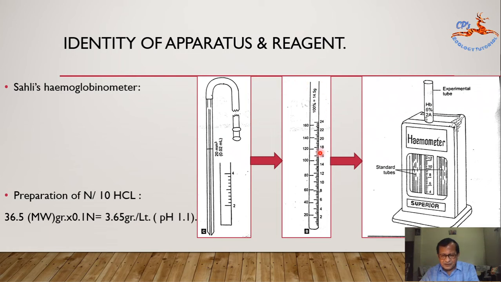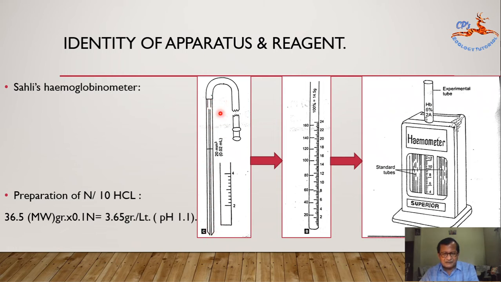This is the experimental tube of the same diameter. On both sides of it, different measurements are etched. This side is the gram, 2 to 24 gram, and this side is percentage, 20 to 160. This is the capillary tube for collecting blood.